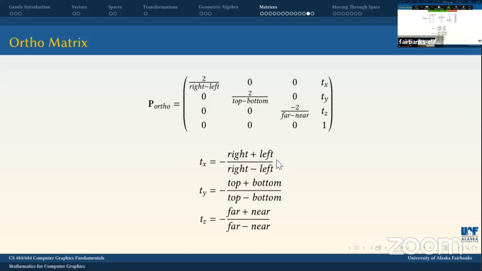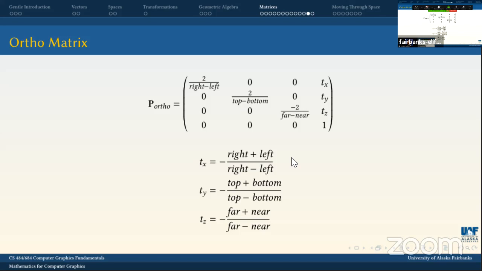we can take a look at Tx, which just represents this fraction, right plus left over right minus left. Let's think about what that means. Let's say right was 1980 and left was 0. We would see that Tx would equal 1980 over 1980, so that one would normally just become -1.